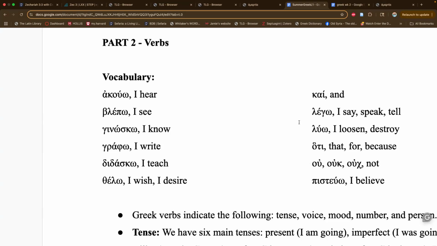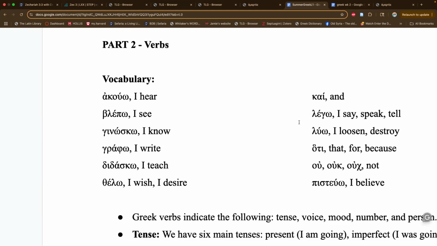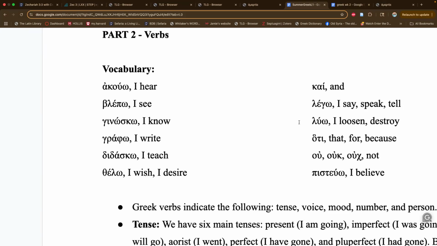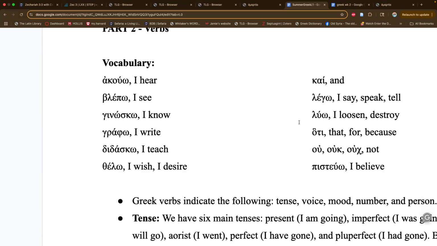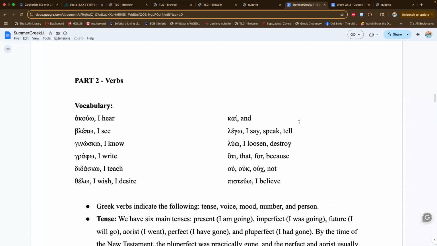If you cut off the last letter there, the o, that's going to be the root of the verb, which everything else is going to be attached to. So if you get used to making the sound of the root, then you just have to do that plus the ending. So it would be aku and then whatever ending is on there, blep and whatever ending is on there.